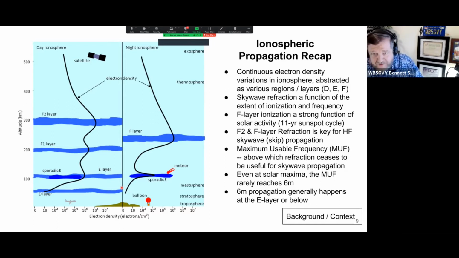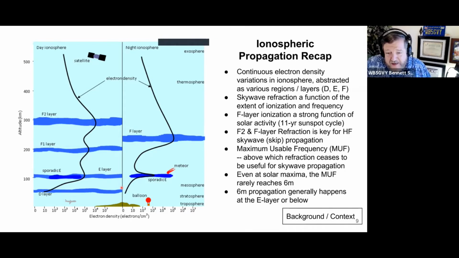The extent of refraction of our radio waves is a function both of the extent of ionization and the frequency of the radio waves. And the F layer ionization, which is a strong function of the 11-year sunspot cycle, is key for HF propagation, the F layer and the F2 layer during the daytime.